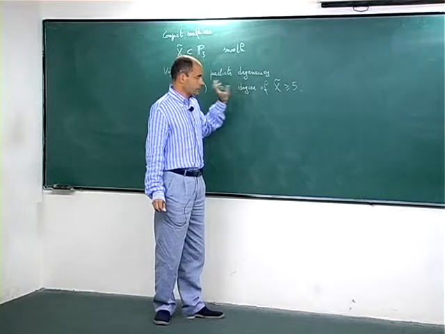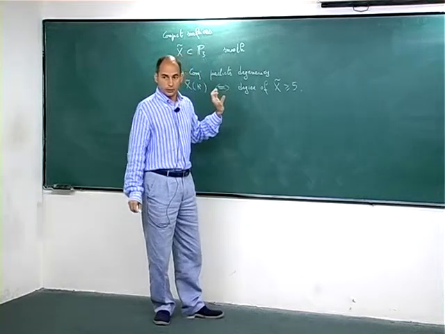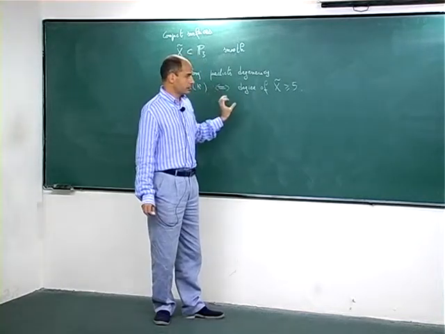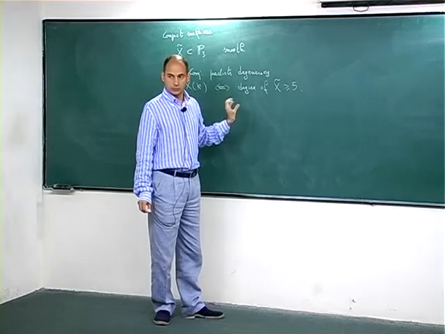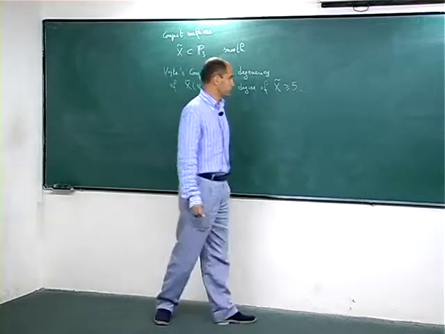Smooth cubics are rational surfaces, so they admit a parametrization by P2.